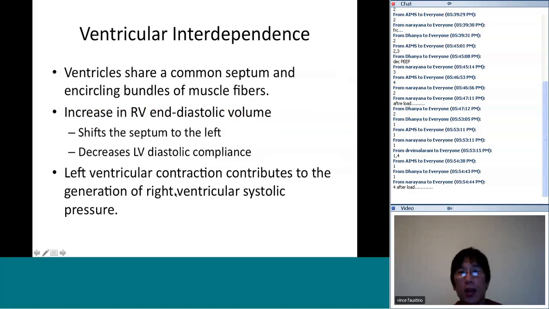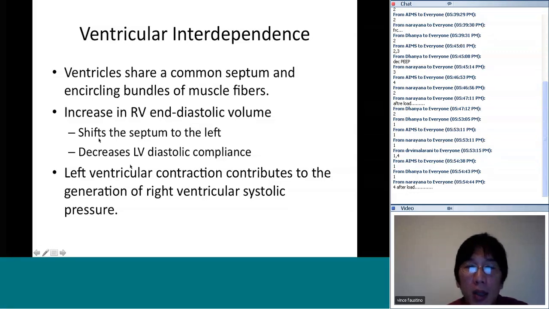So the thing with the two ventricles is that they share a common septum, and there are fibers encircling the two ventricles, such that the effect on one ventricle can be seen in the other ventricle. And this is what's shown in the case that I listed. So what happens is with more volume in the right ventricle and the resistance to the ventricle is so high, all that extra fluid gets stuck in the right ventricle.